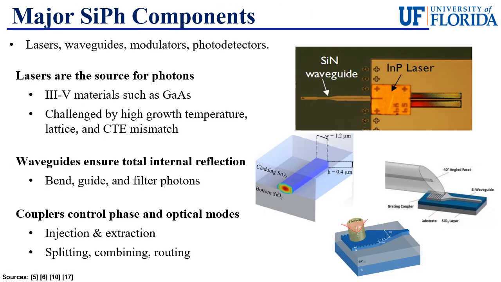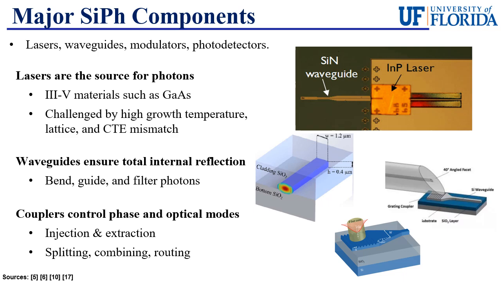Now that we have silicon on insulator wafers to help us fabricate our silicon photonic devices, we can talk about more complex and well-known components like lasers, modulators, and photodetectors, in addition to the simple waveguide. Similar to how electronic devices need a source of electrons to function, photonic devices need a source of photons to function. And in order to do this, photonic devices need lasers to generate photons at a specific wavelength.